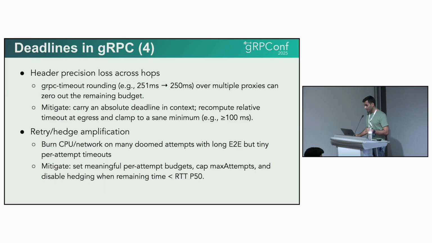And in the case of hedging, by hedging I mean that you send multiple copies of the same request in parallel. Hedging is mostly done with a small hedging delay. For example, if you send one request to a service, you wait for a few milliseconds, or let's say a few seconds, before you send the same copy of the request to another service.